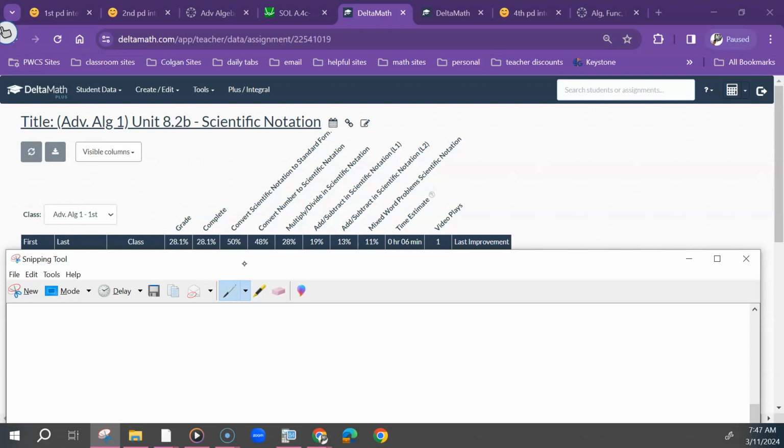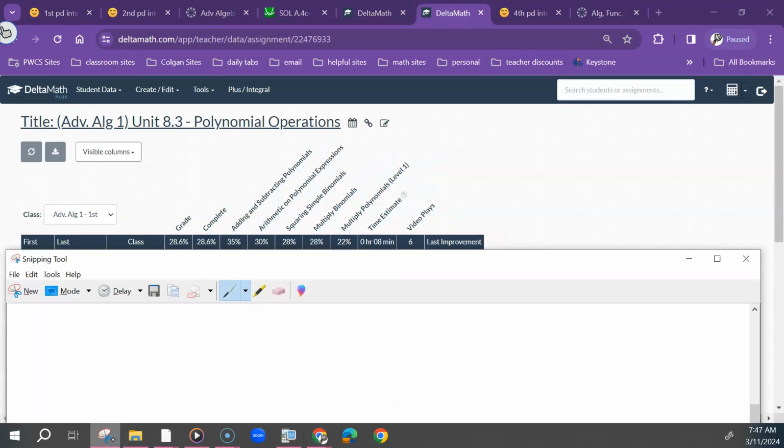So some of you did this, some of you started it, some of you need to finish this one, as well as the other one, the polynomial operations. So if you have not done these or have not finished them, go back and do that in a moment. Go ahead and take out your SOL packet. I'll come around and check that, and then I'll talk about the other page.